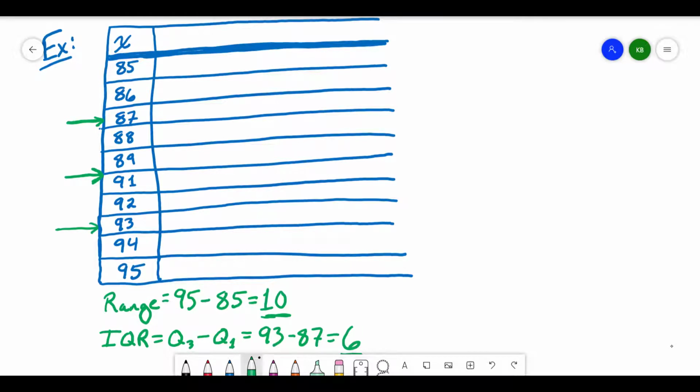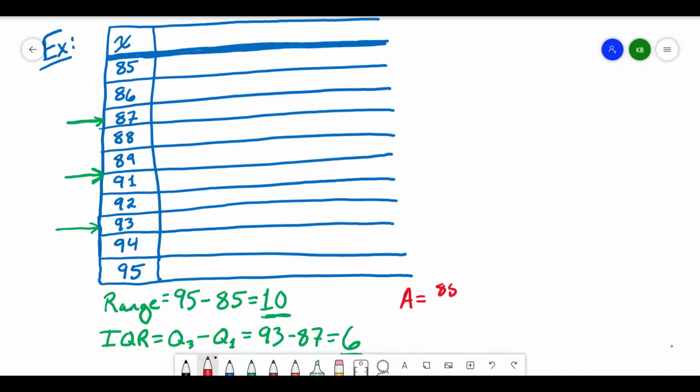Now, we're going to put in the work to calculate the standard deviation. So the first thing that we need to find our standard deviation is the average. So my average value is going to equal the sum of all of these divided by 10.